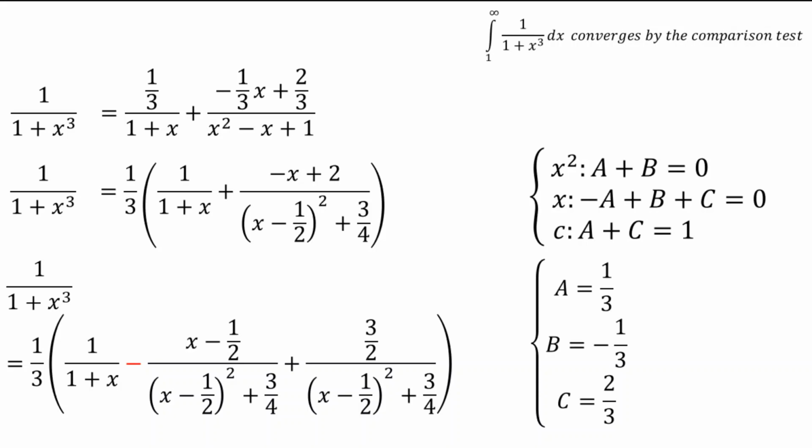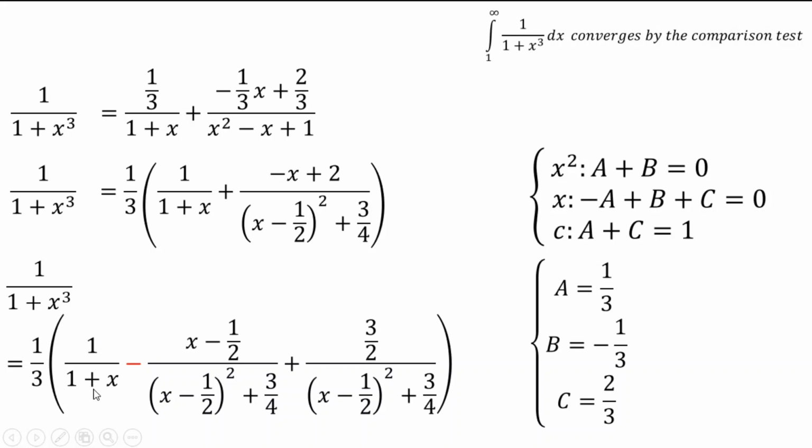And now I have 1 over 1 plus x minus, so the minus sign gets brought down out in front, highlighted in red. So this becomes x minus 1/2 over our completed square, x minus 1/2 squared plus 3/4, plus 3/2 over that same fraction.